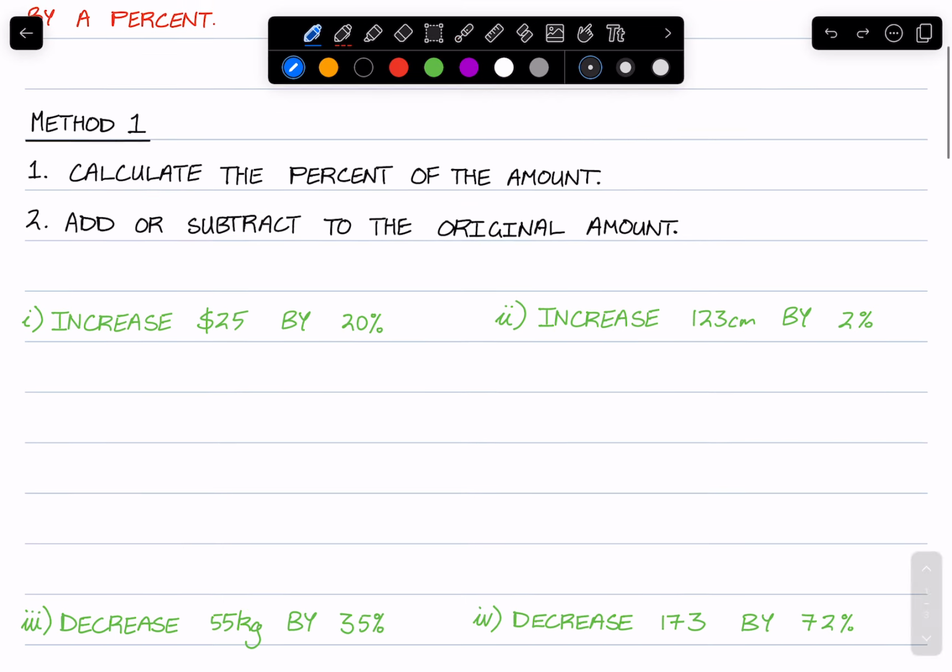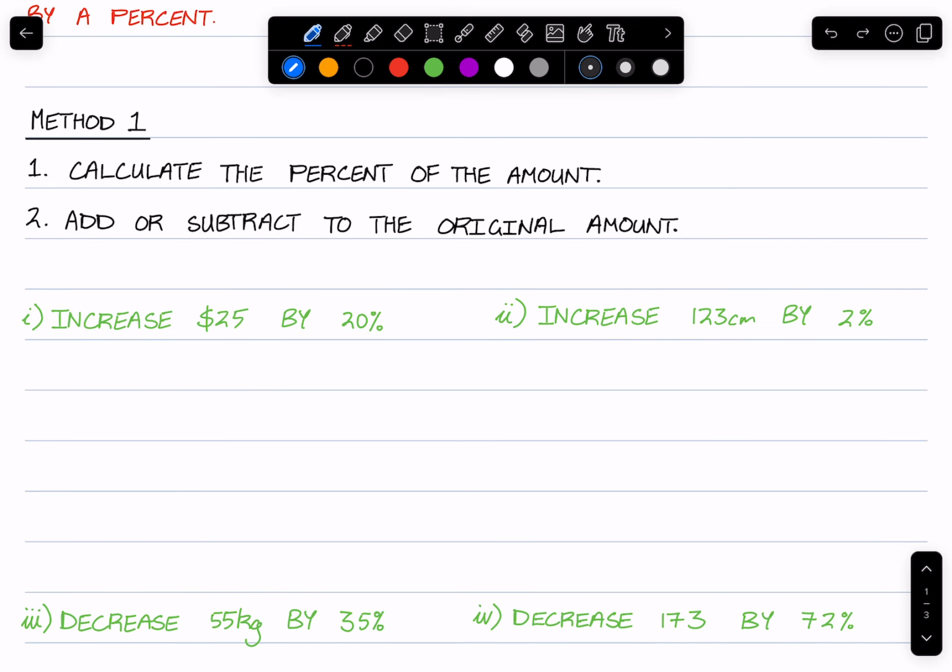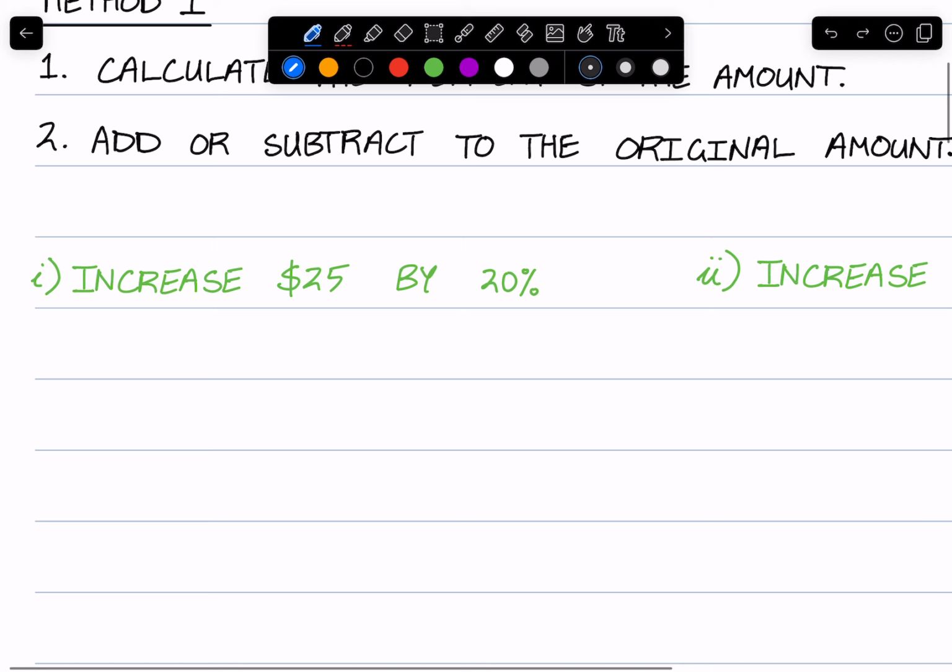So we've already seen how to calculate percentages of amounts. So if we're going to increase $25 by 20%, the first thing we need to do is find 20% of $25. So we're looking for 0.2 times $25.